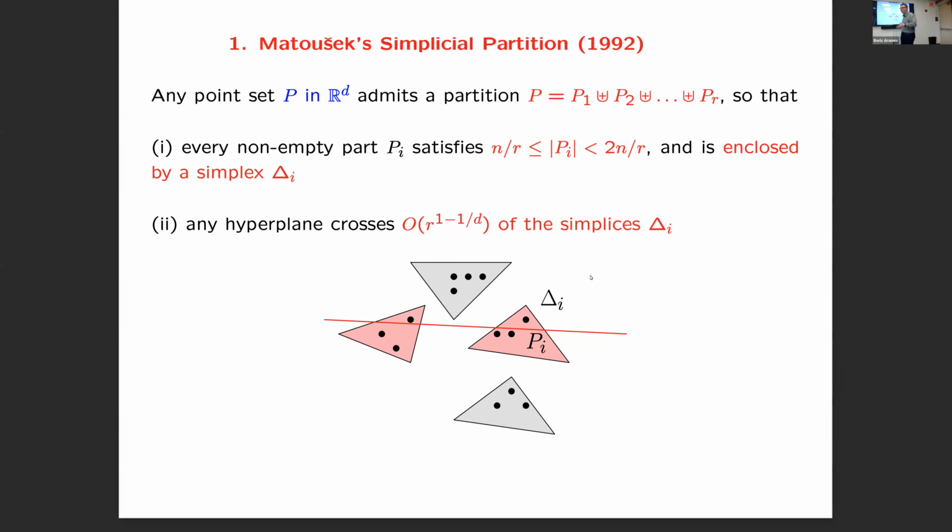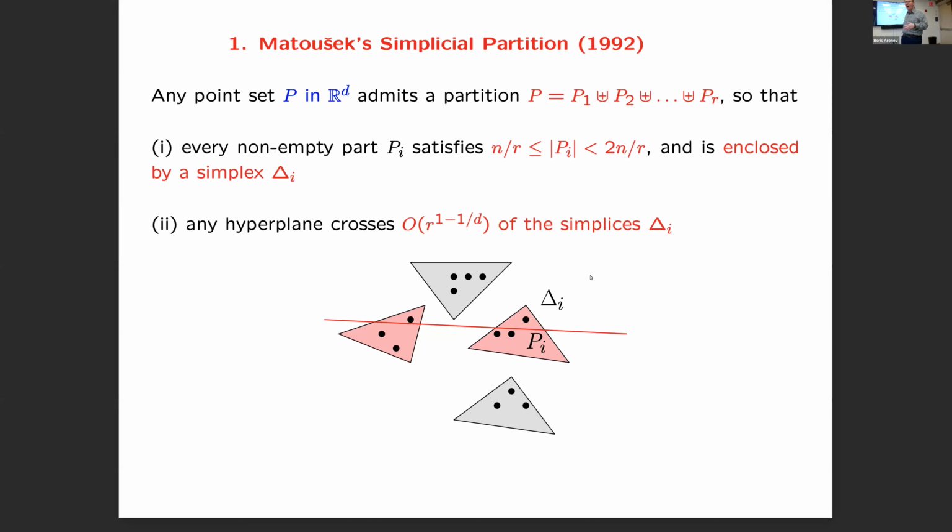So there is an order of r parts enclosed by simplices, and there's such a partition so that any hyperplane would cross only a small amount of these enclosing simplices.